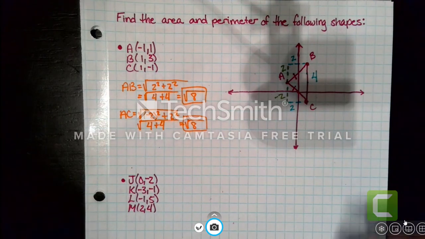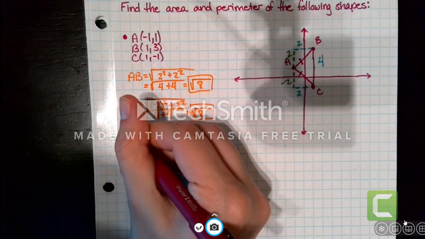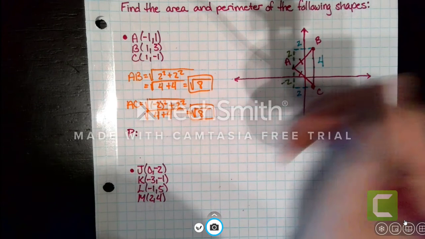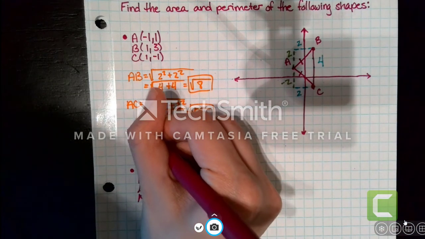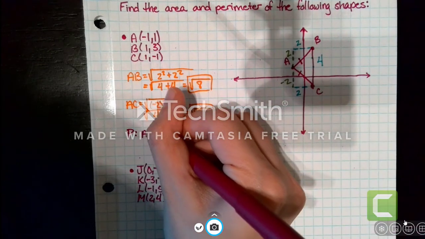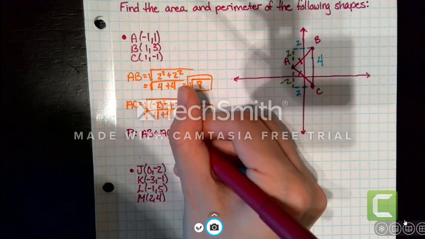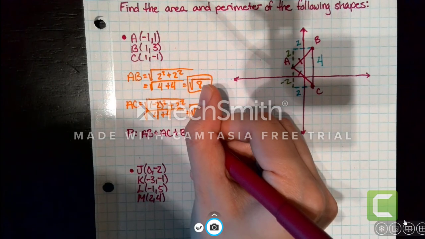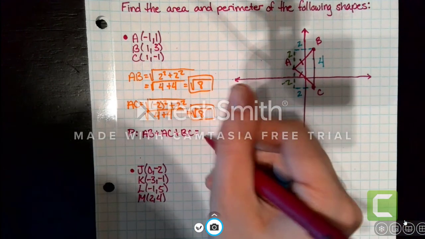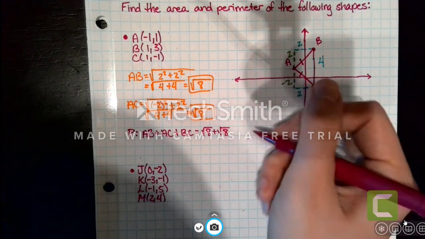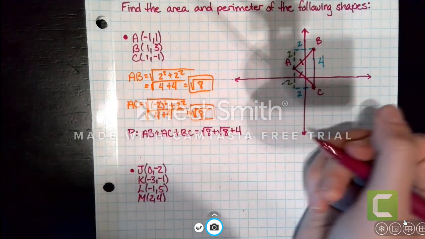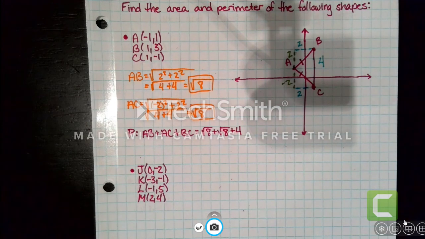For your perimeter is just every side added together. The length of AB plus the length of AC plus the length of BC, which means we have the square root of 8 plus the square root of 8 plus 4. Now, it is important in this case to get the square roots in their actual decimal value.